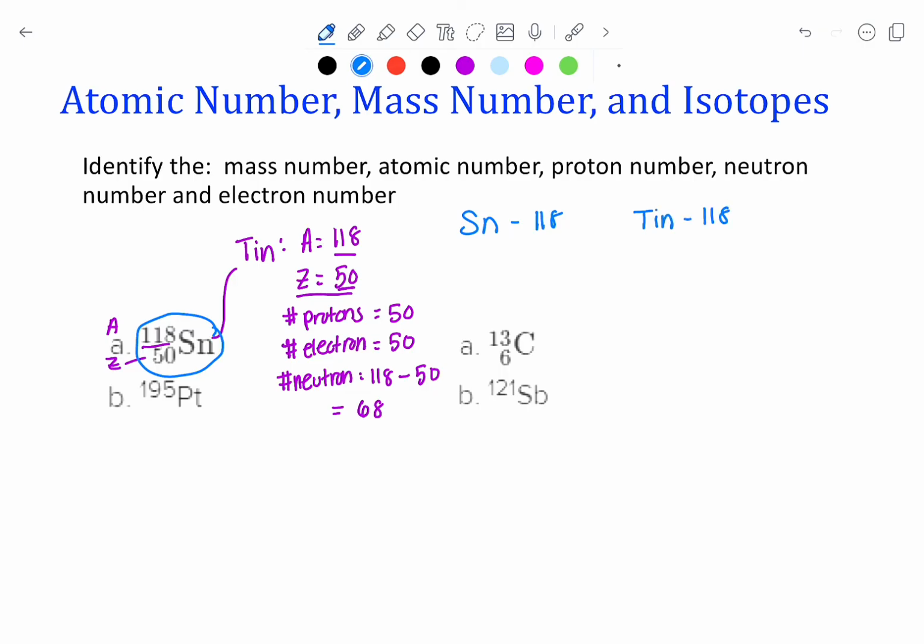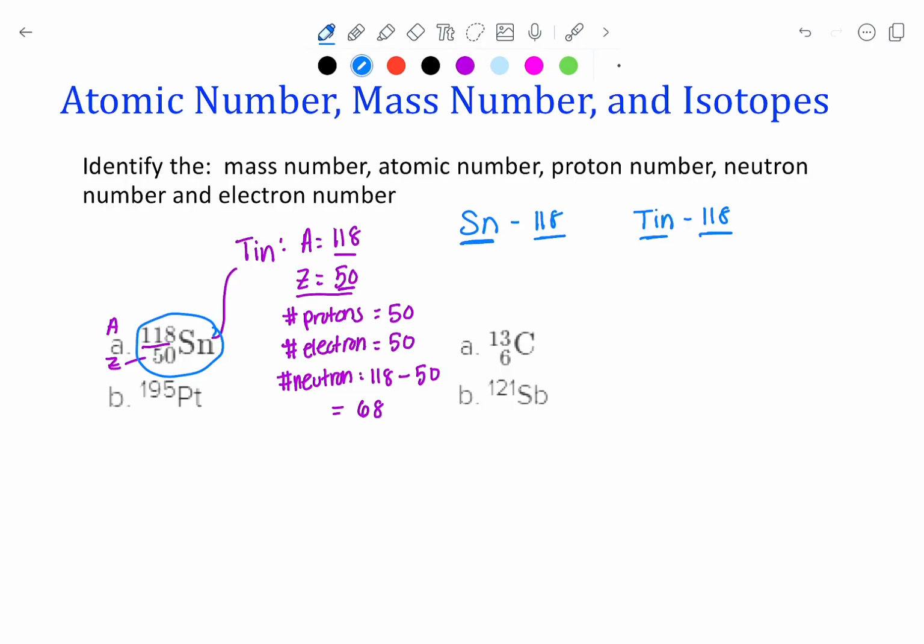So we put this dash and then the mass number because by knowing what that element is, or its element symbol, we automatically know our atomic number, right? Because the atomic number is our number of protons, which we get from the periodic table. Because if we change our number of protons, we change our element.